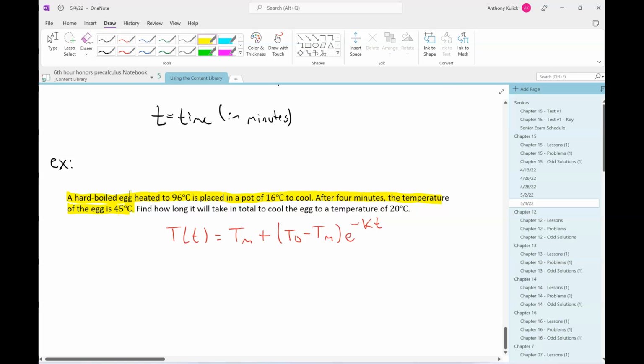We're going to use that specific situation to solve for K. Once we know that K, then we can answer the actual meat of the question. So this is going to be kind of like a two-part question. Okay? All right, so let's start figuring out where we're going to put things. Where does this 96 go?